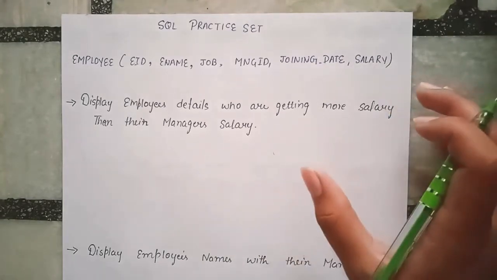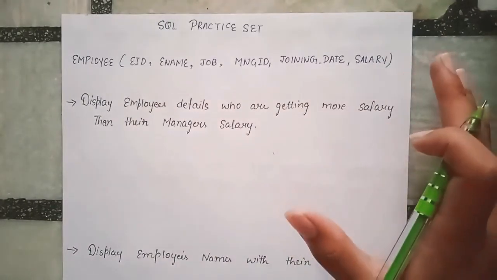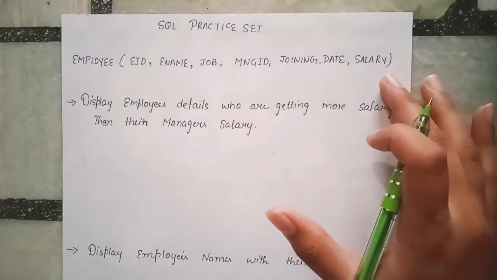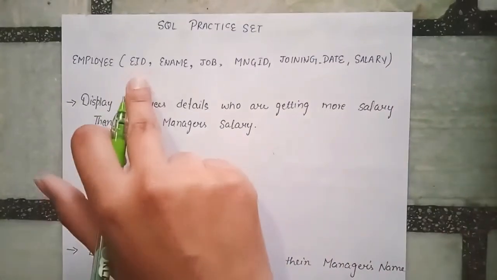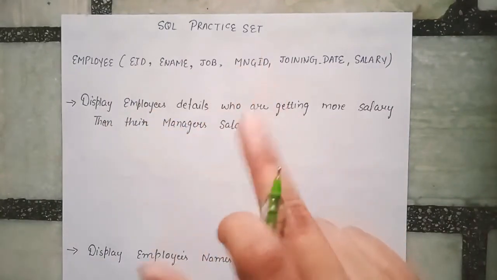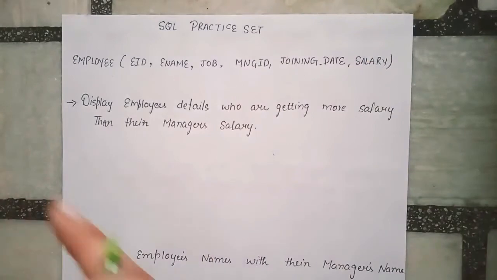Firstly, just understand one point. If a table is showing us the data about more than one thing, like in this employee table, we can see that it is showing the data about employees and the managers, because we know a manager is also one of the employees of a company.